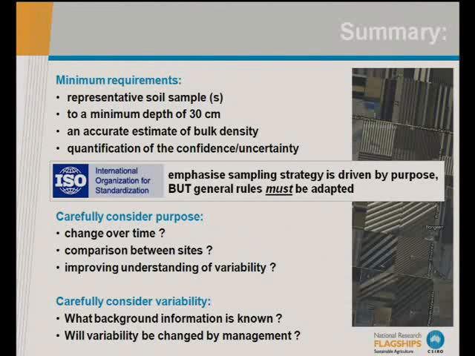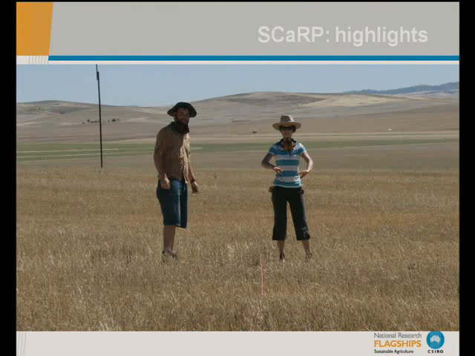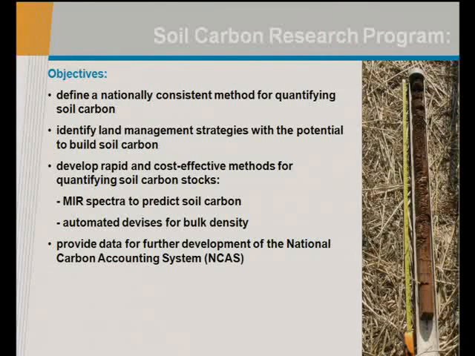And I guess I just wanted to highlight that the ISO standards for soil sampling for carbon accounting purposes emphasize that sampling strategy is driven by purpose, and that the general rules that are applied have to be adapted to that specific purpose and the specific situation. So it is a case of adapting general guidelines, and there isn't specifically one sampling approach that's going to suit all situations.